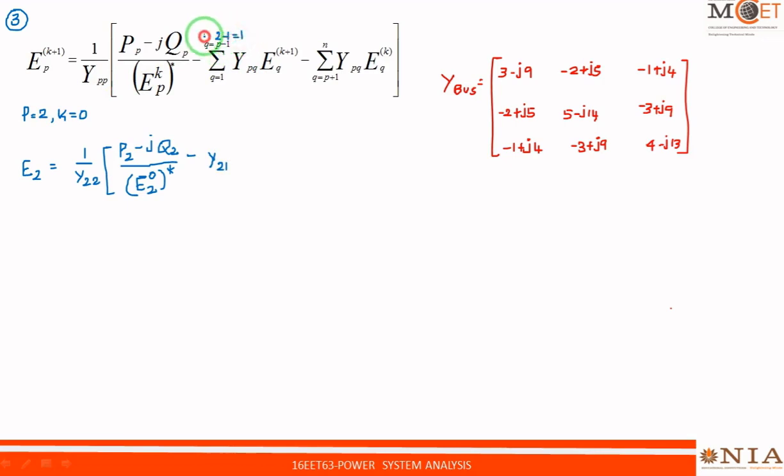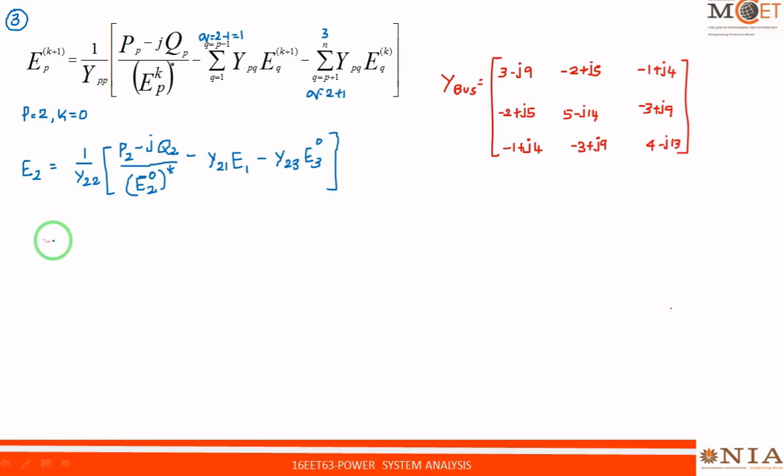So Y21 into E1 of 0, minus Q equal to 2 plus 1, that is 3, and N is the number of buses, which is also 3. So Q will be 3. So Y23 and E3 of 0. So this is the expression for E2.